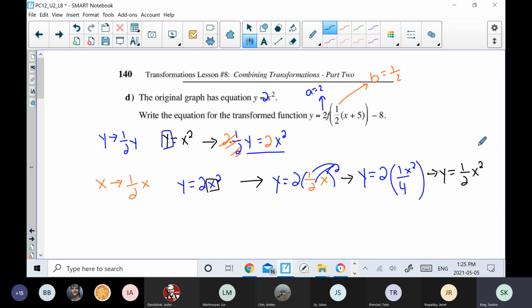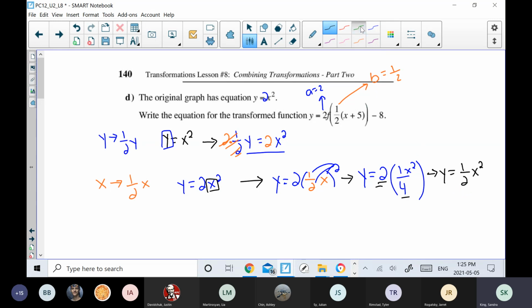So this is why you need to be really good at replacement, because we started with an a value of 2, and now look where my equation is at, right? If you're not good at this replacement, you would have never gotten to this step, because people would be like, well, where's that 2? Well, the 2 is right here, and here's the b value, right? And then they got multiplied together to become 1/2 x squared.